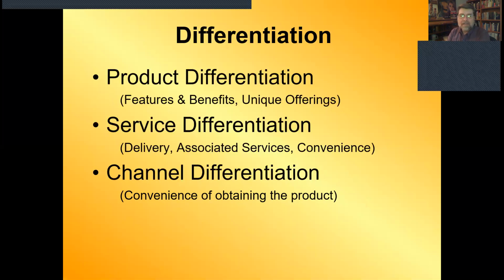Another one of my favorites in terms of channel differentiation is Trails End Popcorn. Very good popcorn, but you can't buy it in a retail store. I don't think you can buy it online. I think you can, but they don't really push that.